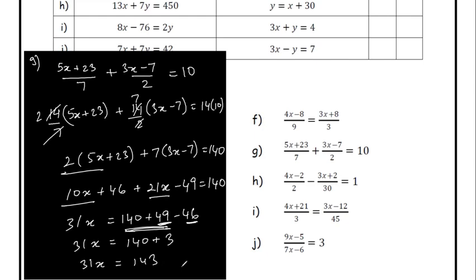There's nothing common out here. Yeah, nothing common. So therefore your value of x is you divide 31 on both sides. So you end up getting 143 by 31.